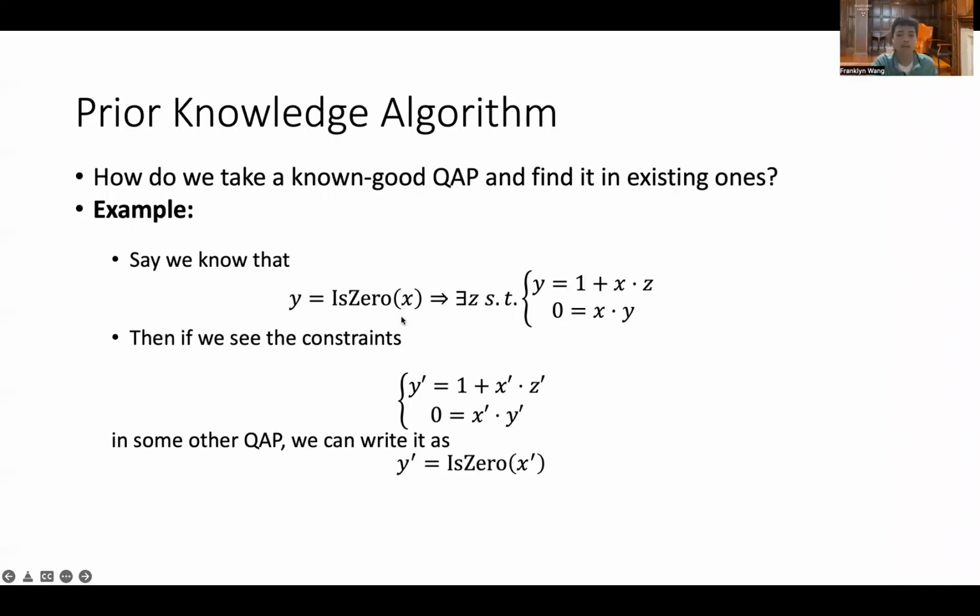If you know that this corresponds to the is 0 of x, you can just replace these constraints, y prime equals 1 plus x prime times z prime, and 0 equals x prime times y prime, and you get y prime equals is 0 of x prime. So you are trying to build an index from the QAP that you trust to the actual implementation of the second program. I will show an example in the next slide, actually. I think this should clarify something.